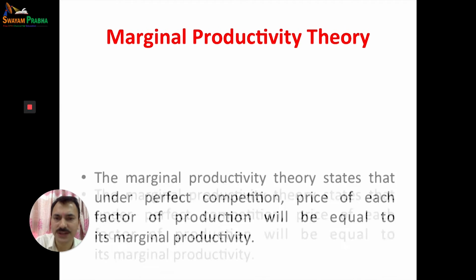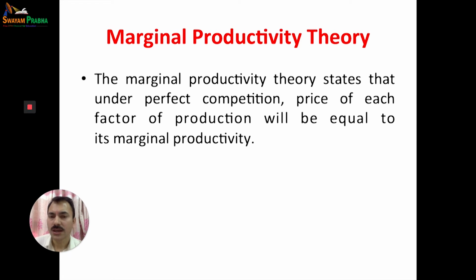Let us explain it in detail. So the marginal productivity theory states that, under perfect competition, the price of each factor of production will be equal to its marginal productivity.